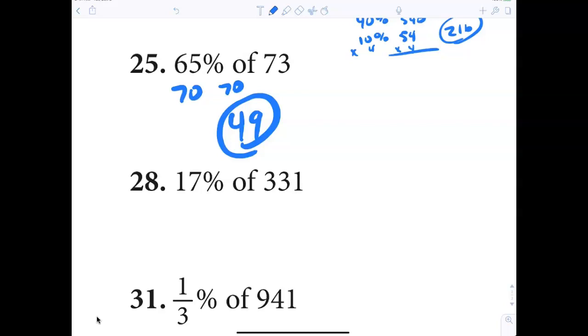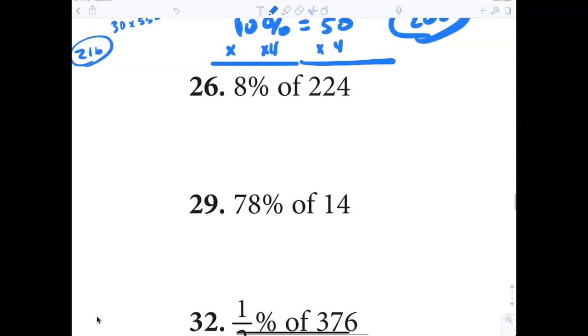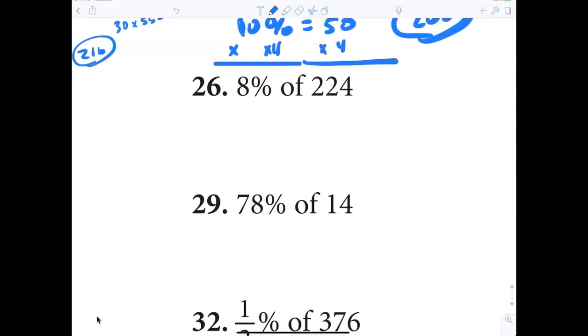All right, Tucker, tell me. Number 26. So you could do 10%, then you could bump it up to 230, or bump it down to 230. Why? Because if you go one up, you want to go one down. Yeah, there you go. So 10% of 220 is 22.